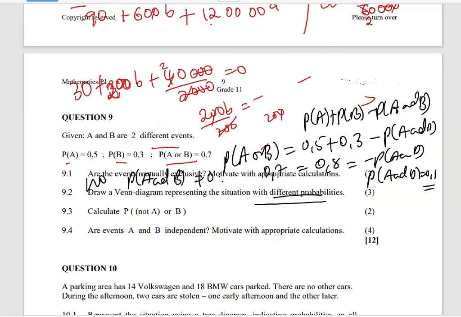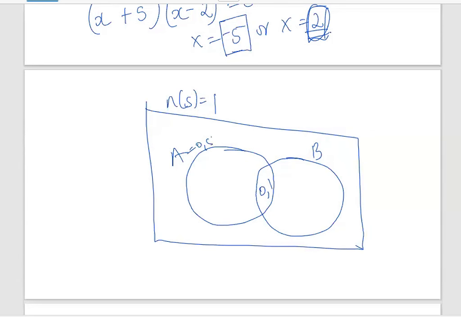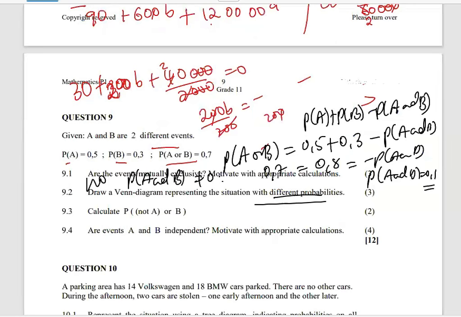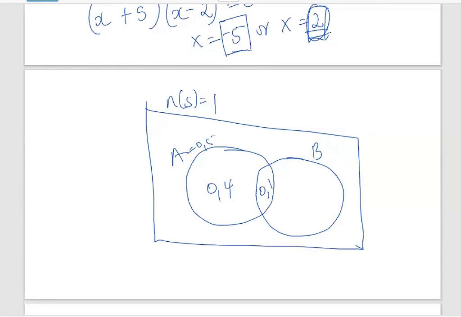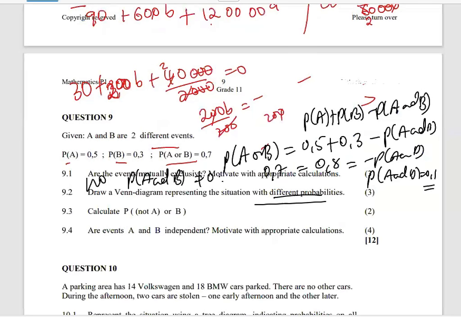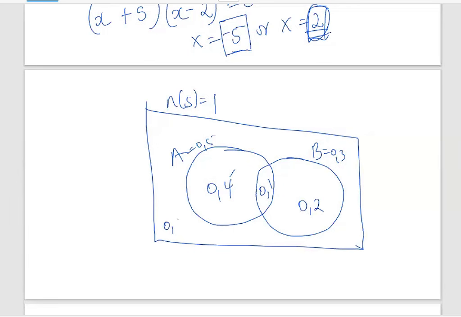A was 0.5, which means we have 0.4 there. B was 0.3, meaning that we have 0.2 there. So A or B was 0.7. So there has to be 0.3 outside there, so that the entire set adds up to 1.